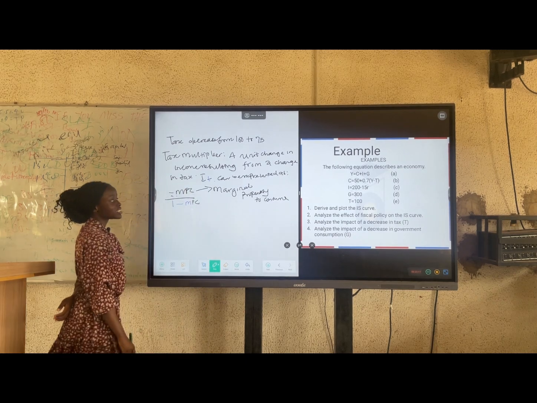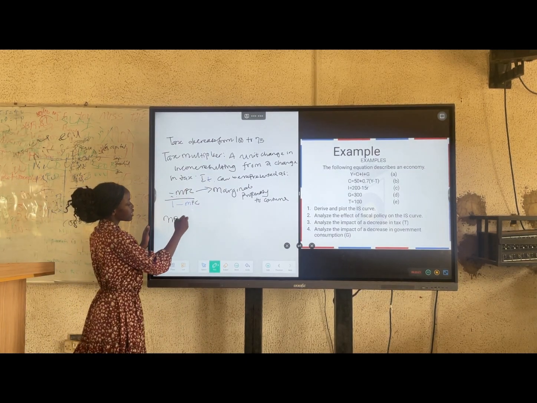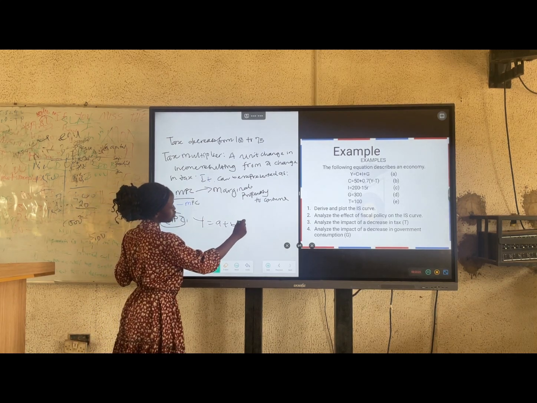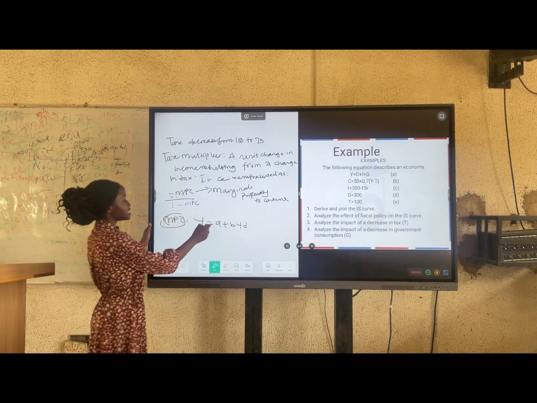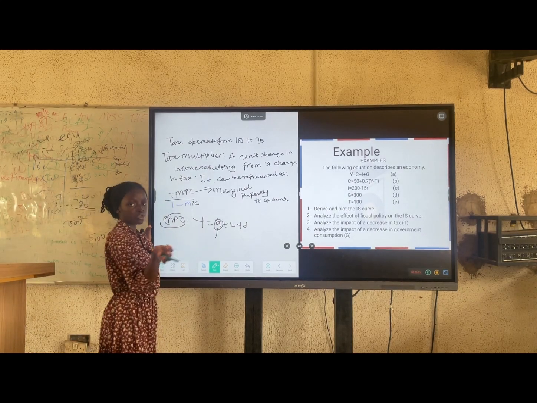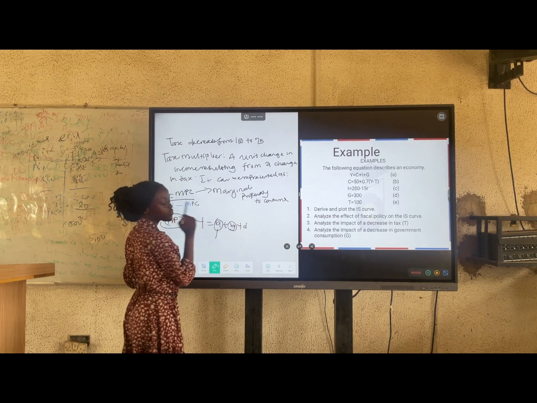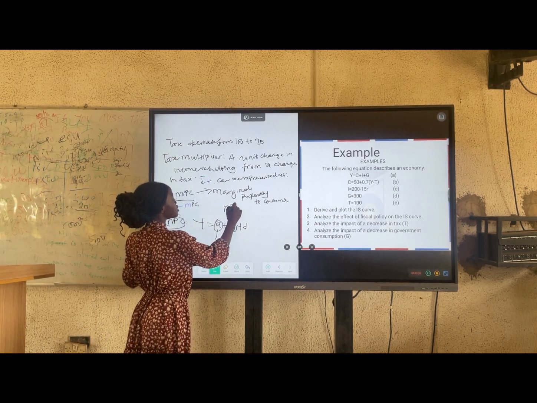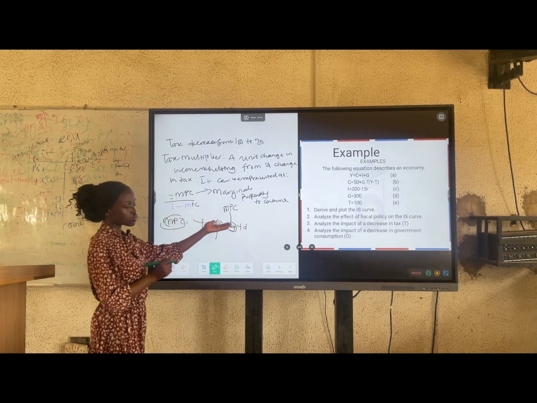Before I start, I would like to explain this MPC. Let's look at this: Y equals A plus B YD. So this is our income. This A represents autonomous consumption. Then this is our consumption, which is also known as our MPC, the marginal propensity to consume.